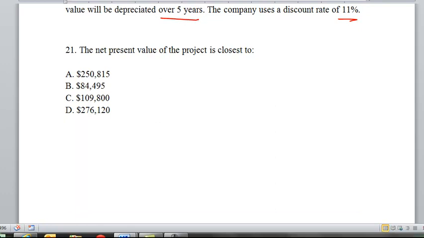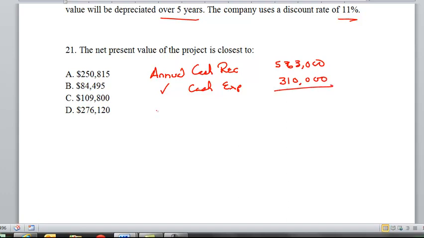So the first thing we want to do is calculate what is my annual net cash receipts. The annual cash receipts was 563,000. The annual cash expenses was 310,000. Therefore, we're going to have an annual net cash receipt of 253,000.